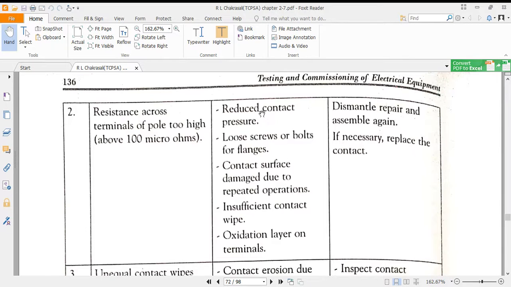Reasons: reduced contact pressure, meaning they are unable to meet each other with proper pressure, loose screws and bolts, contact surface damage due to repeated operations, insufficient contact wipe, and an oxidation layer on the terminals. Yes, this oxidation layer also makes resistance between the poles too high. What we need to do is dismantle, repair, and assemble again. If necessary, replace the contacts.